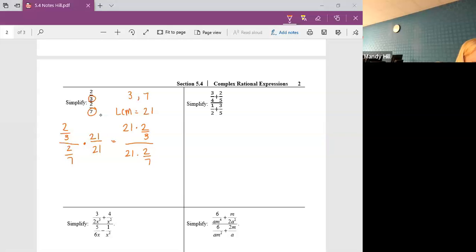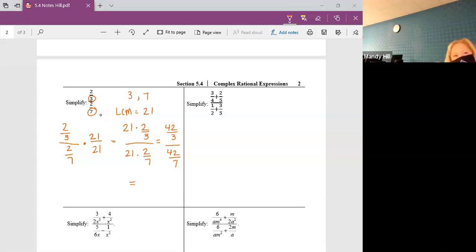We're multiplying that 21 by both of the terms. When we do that, we're going to get 21 times 2, which is 42, over 3. And on the bottom, we would get 21 times 2, still 42, but this time it's over 7.